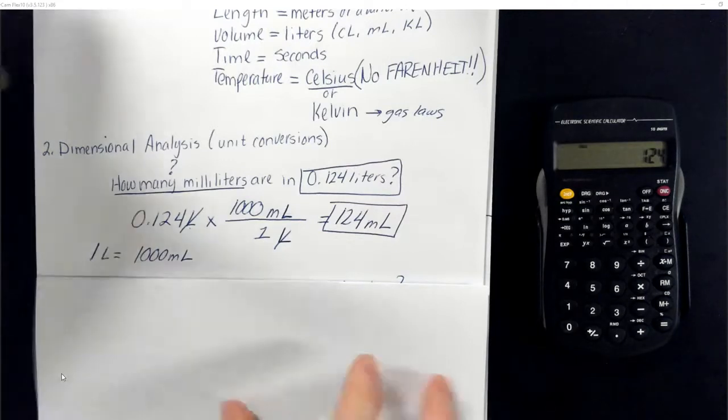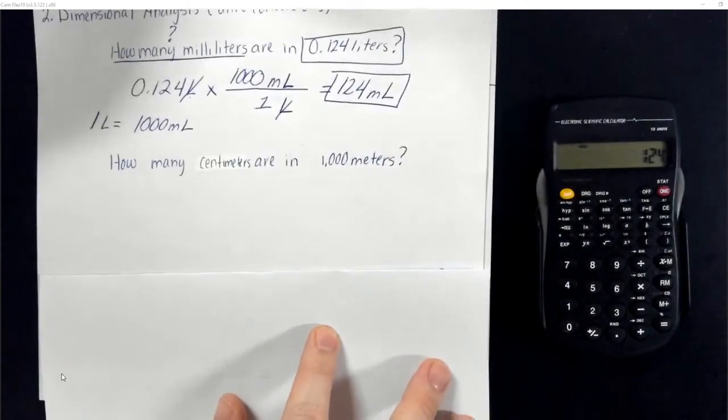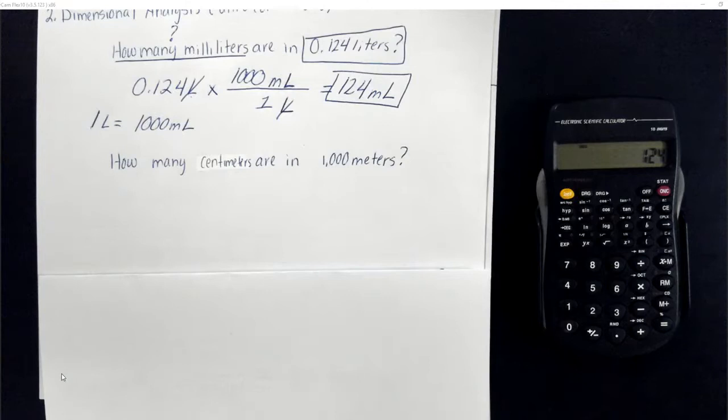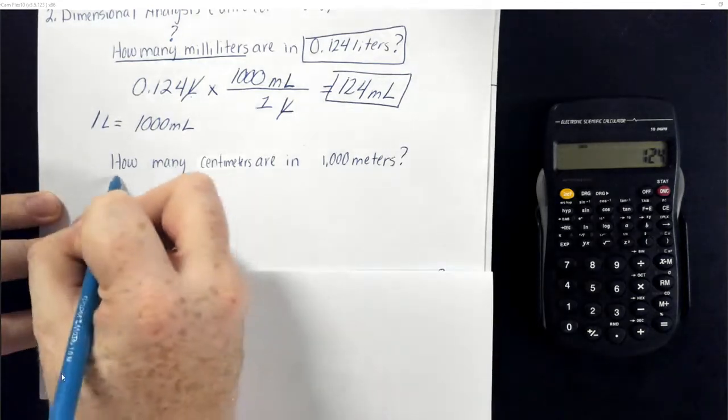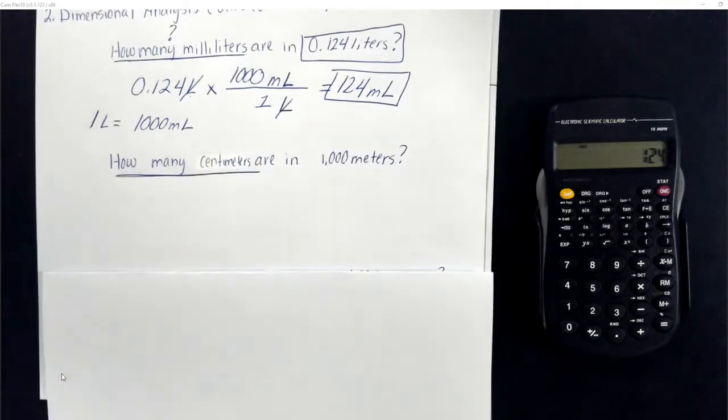Let's look at another example. How many centimeters are in 1,000 meters? Well, the question is asking us to find centimeters, so our answer needs to end in centimeters. What did it give us to begin with?